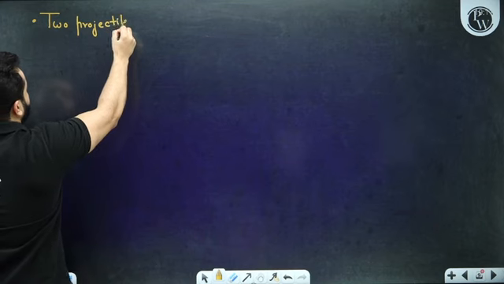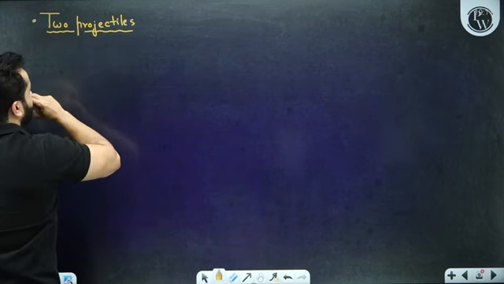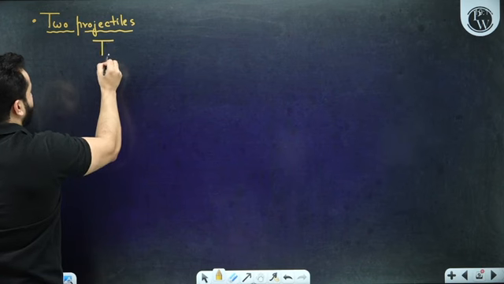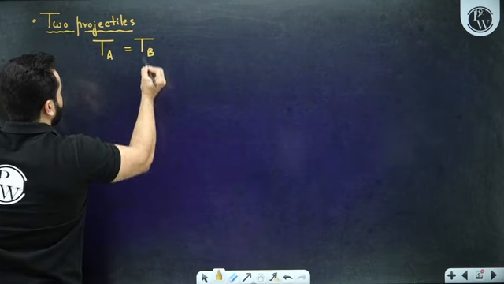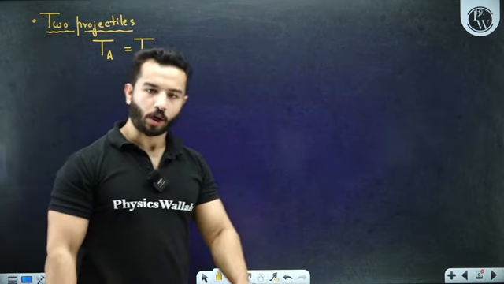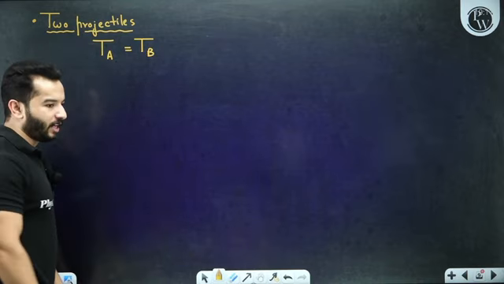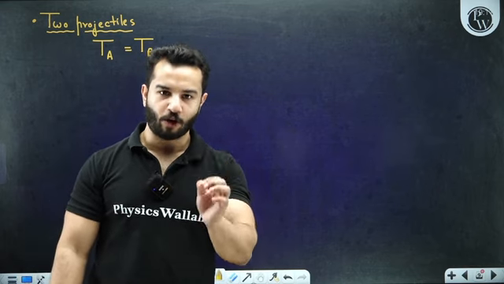For two projectiles, let's suppose they have got equal time of flight. You have got two projectiles A and B, and they have got equal time of flight. What does it mean? Well, it just means that they have got equal vertical component of velocity initially.